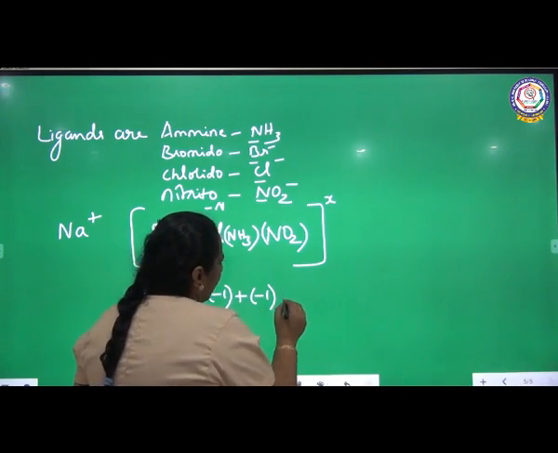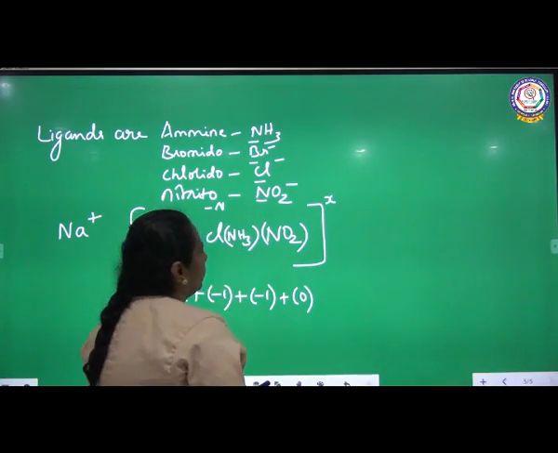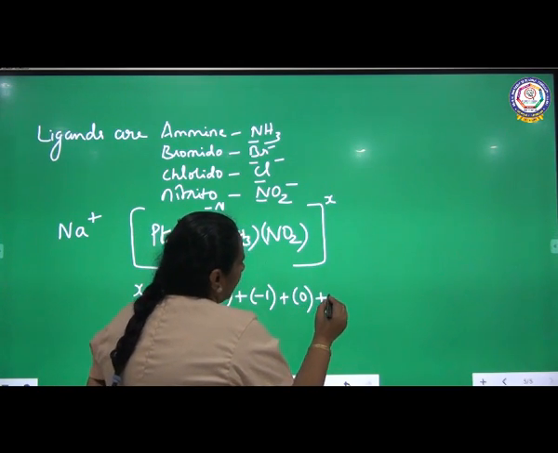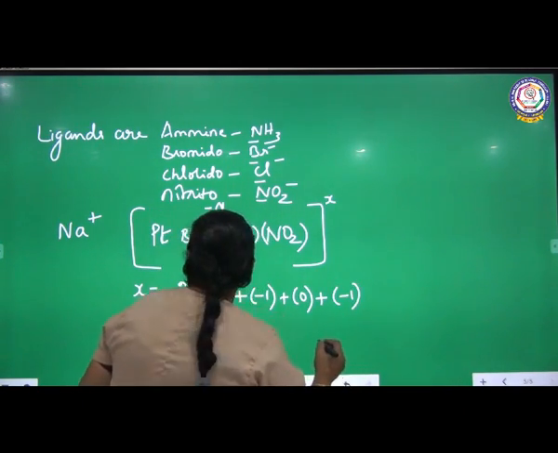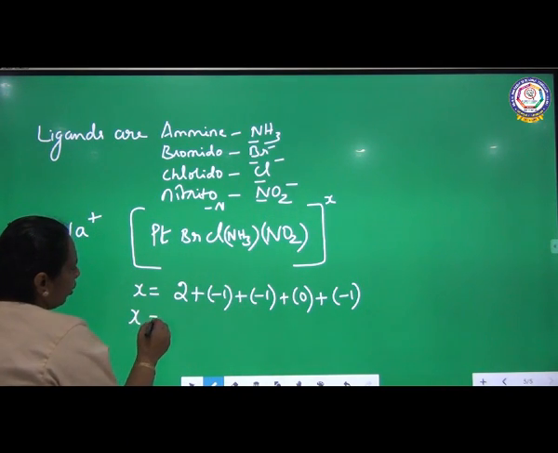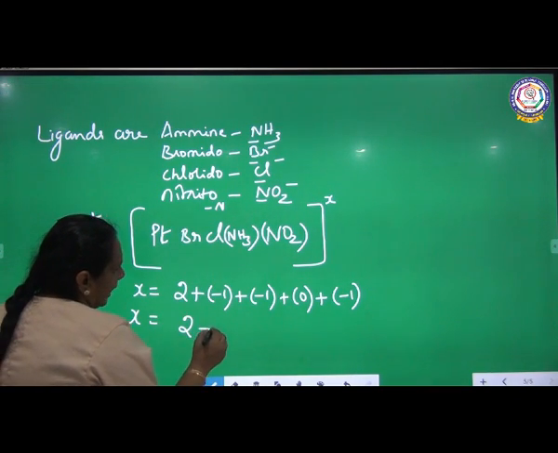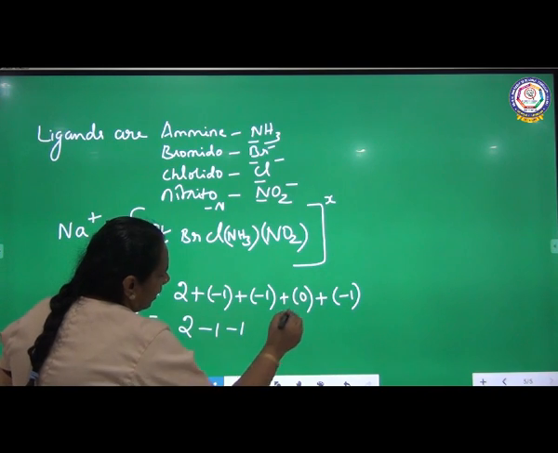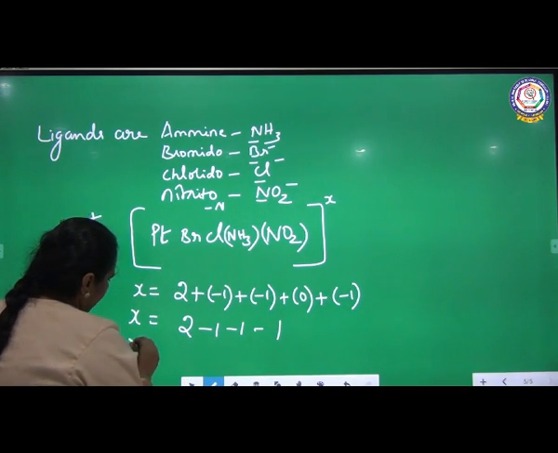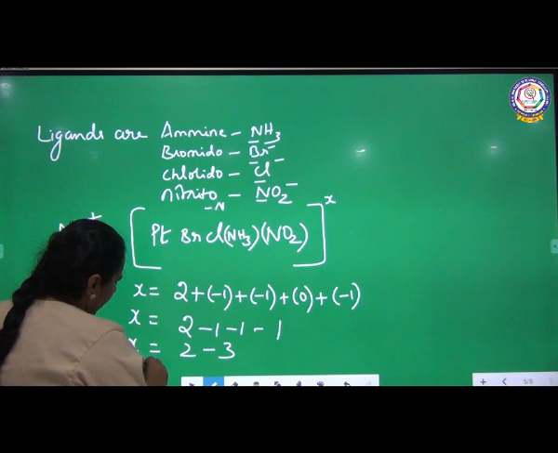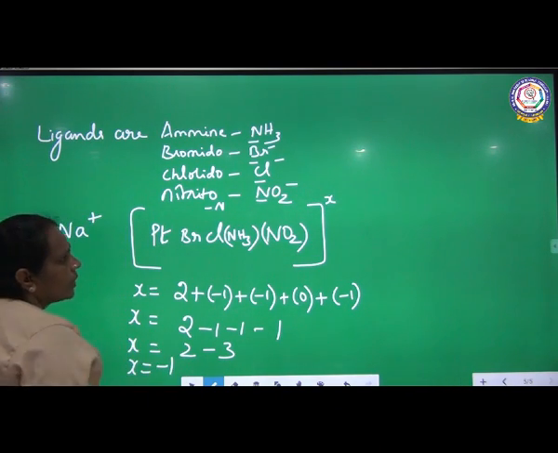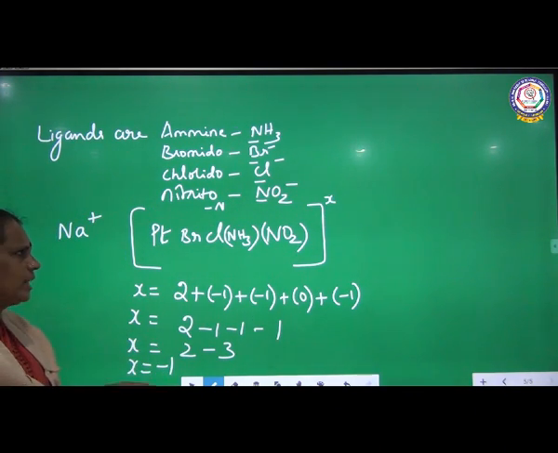For amine, it is a neutral ligand, so 0. For nitrito, it is a negative ligand with -1. Therefore, X is equal to 2 minus 1 minus 1 minus 1. X is equal to 2 minus 3, that is X is equal to minus 1.